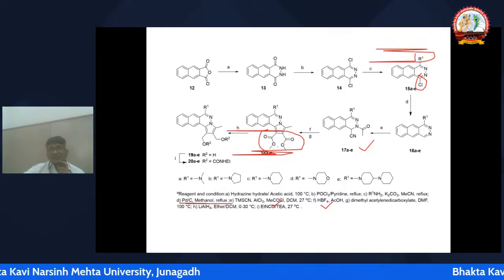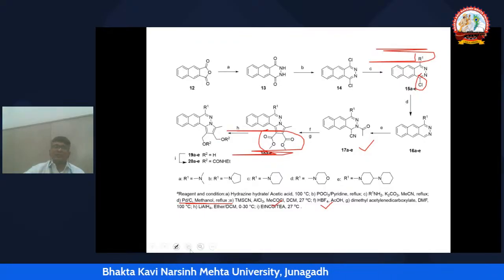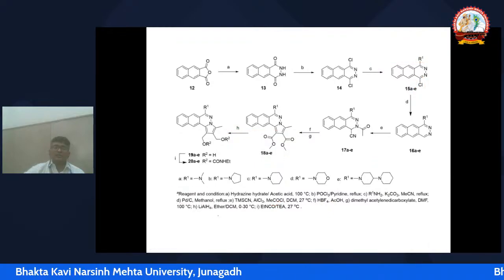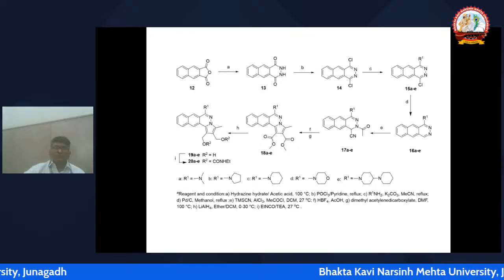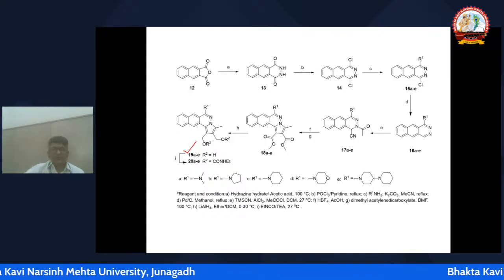Now these diester molecules react with lithium aluminum hydride in ether and DCM, and they are converted into the diol. So our first target molecules, 19A to E, are diols, because bis-hydroxy pyrrole produces a promising activity.